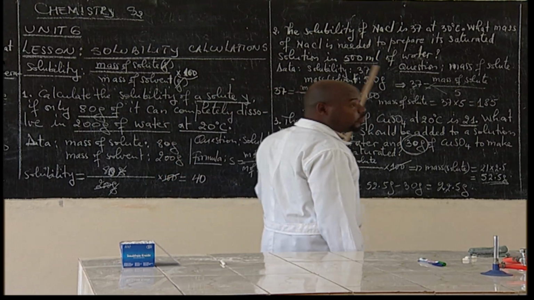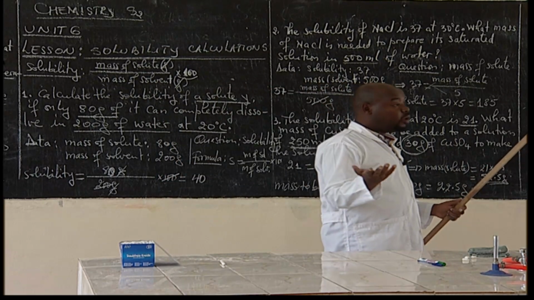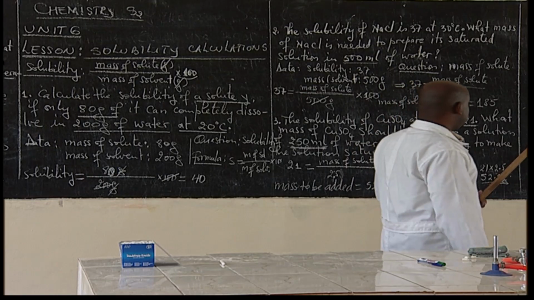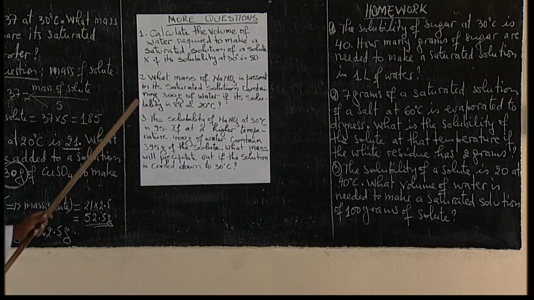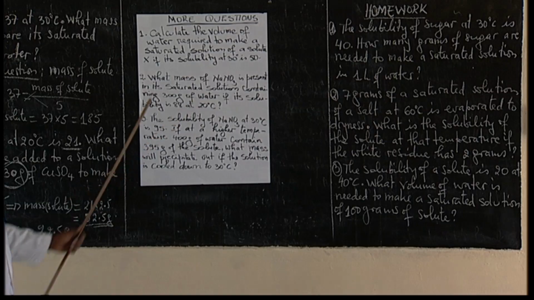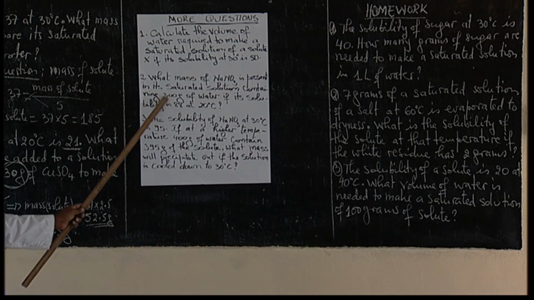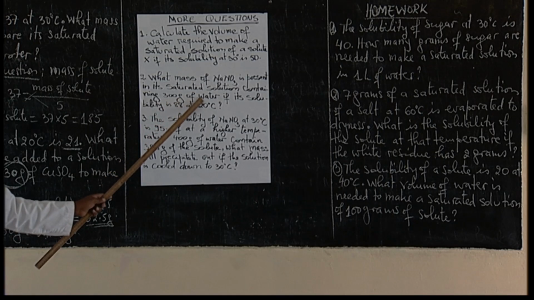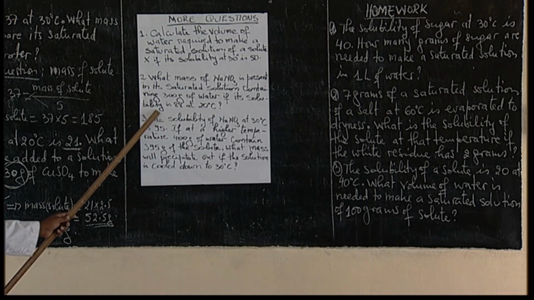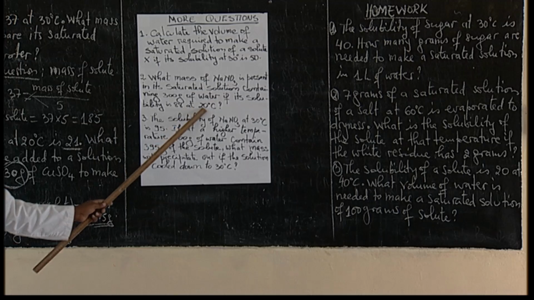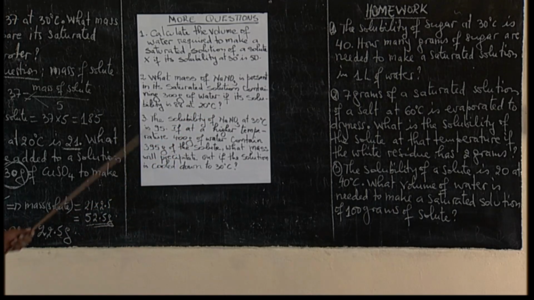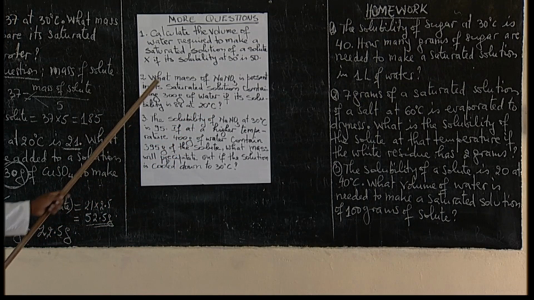From the mass of solvent, you can determine the volume. Remember the density. Question 2: what mass of sodium nitrate is present in its saturated solution containing 300 grams of water if its solubility is 8 at 20 degrees? Very simple. You can find the mass.